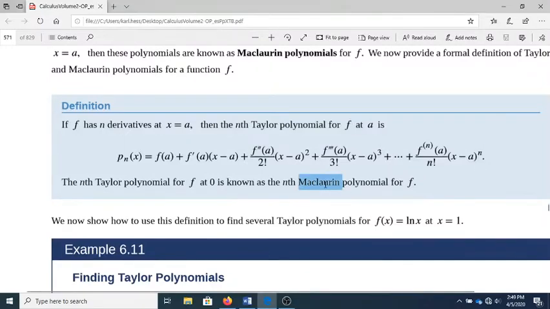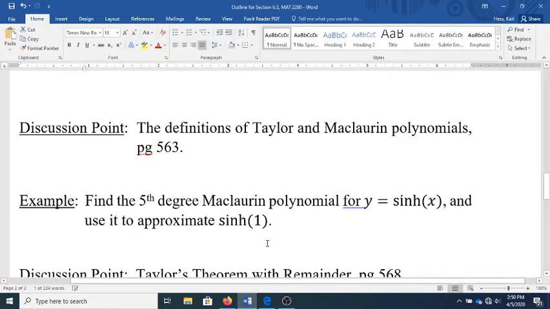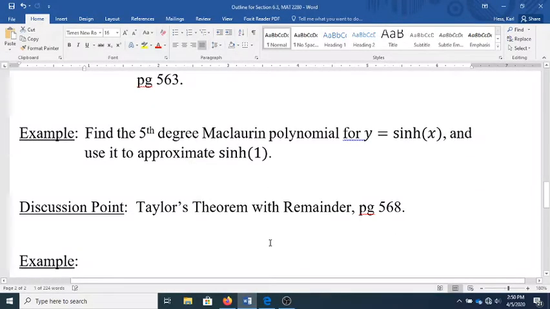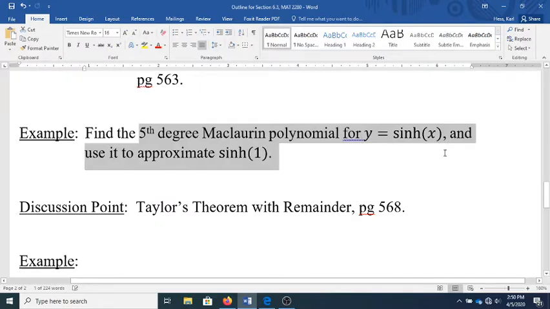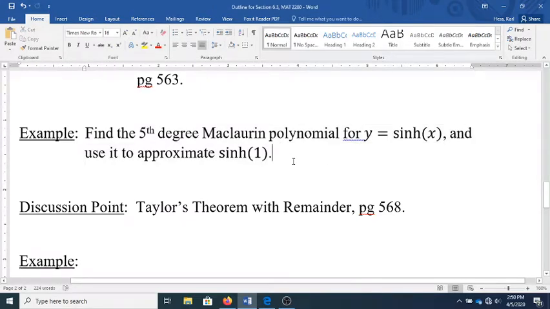Now again, if we happen to be talking about something that's centered at 0, we might use the term Maclaurin rather than Taylor. Okay, that part of the terminology is consistent. So let's find the 5th degree Maclaurin polynomial for y equals hyperbolic sine of x, and use it to approximate hyperbolic sine of 1. Alright.